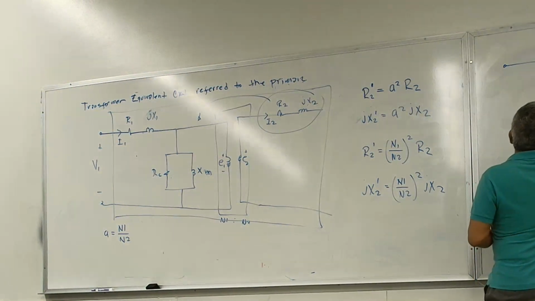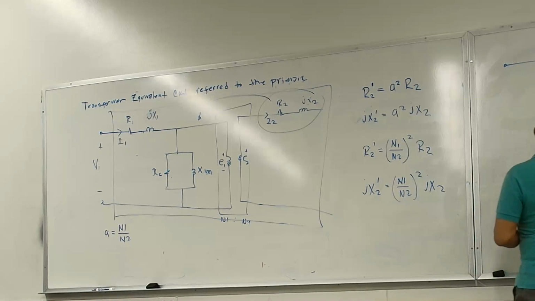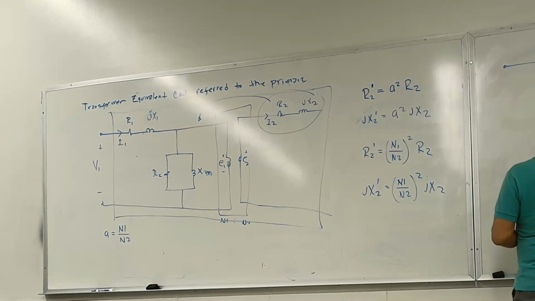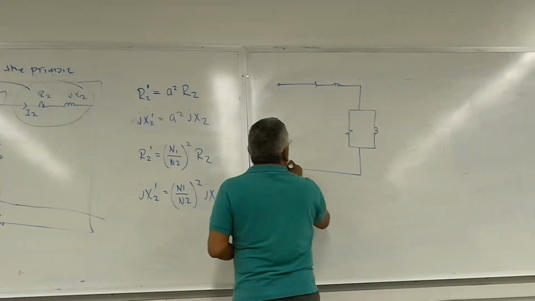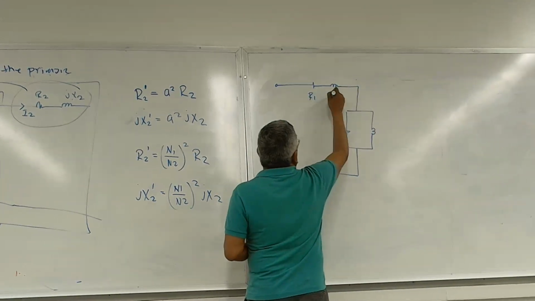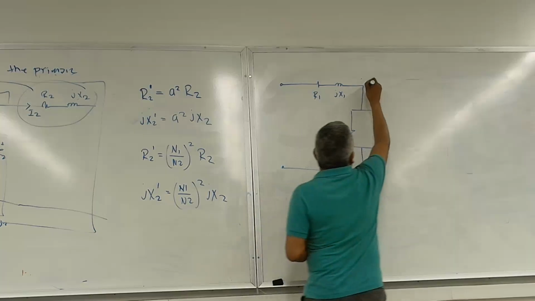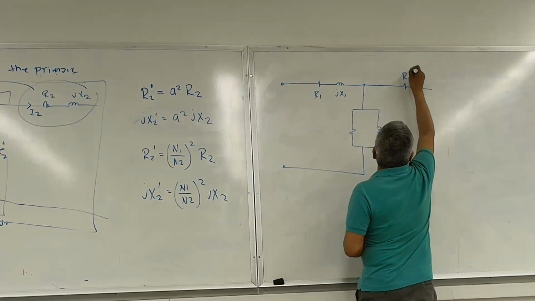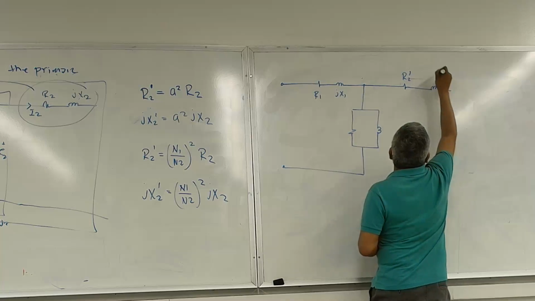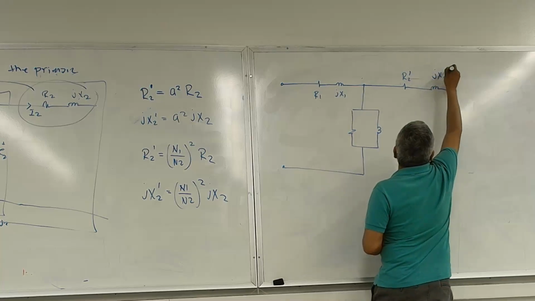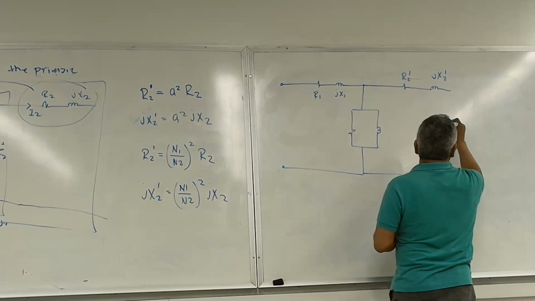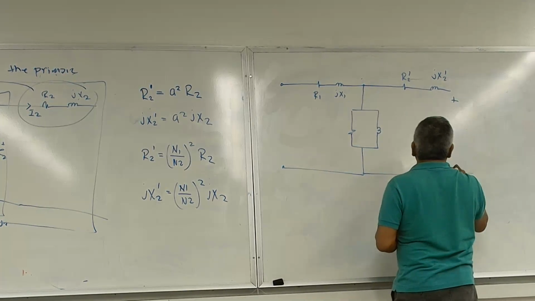So what we have then is this: R1, JX1, R2 prime, JX2 prime, and then now we can call this V2 prime plus minus.